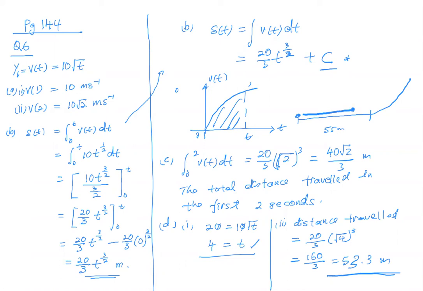Then it will reach the velocity of 20 meters per second. So now he's given himself enough distance to reach. Has he? So the answer is yes. You only need 53.33. So he got 55. So yes, he has given himself enough to reach the speed.